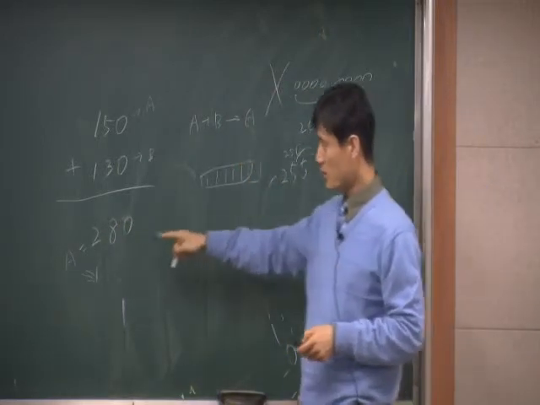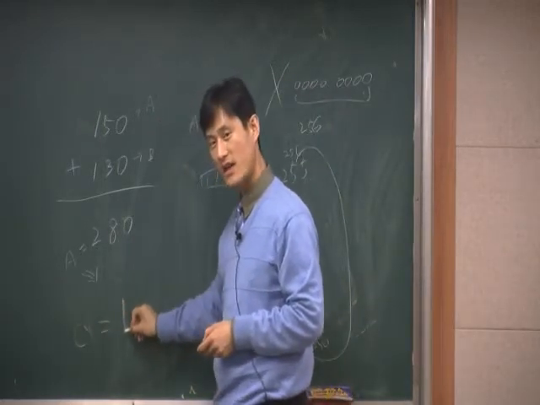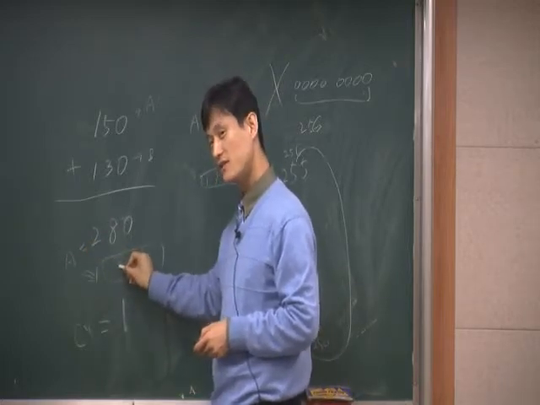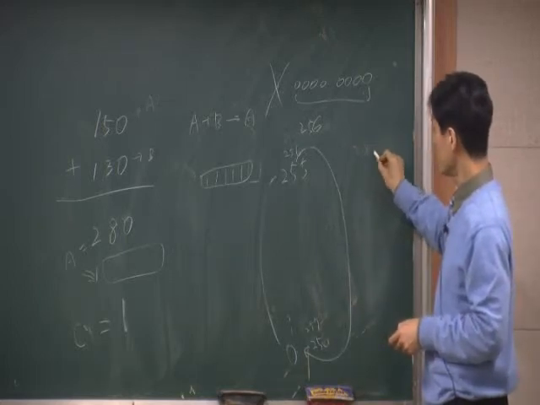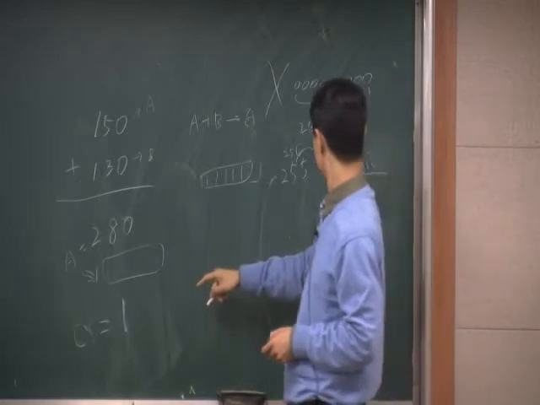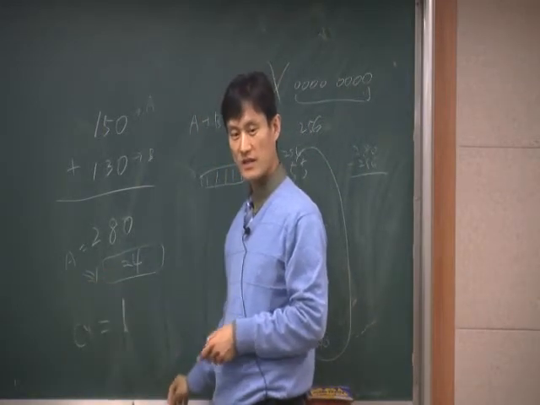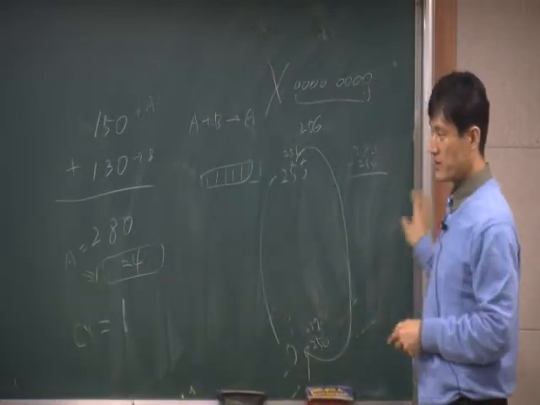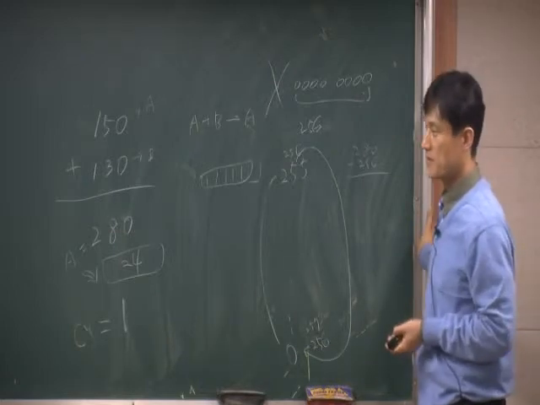So in this case the carry flag is set, and the remaining value in A is 280 minus 256, right? 24. Yeah, you have 24 here in A. That's the result. This is what happens in the microprocessor.